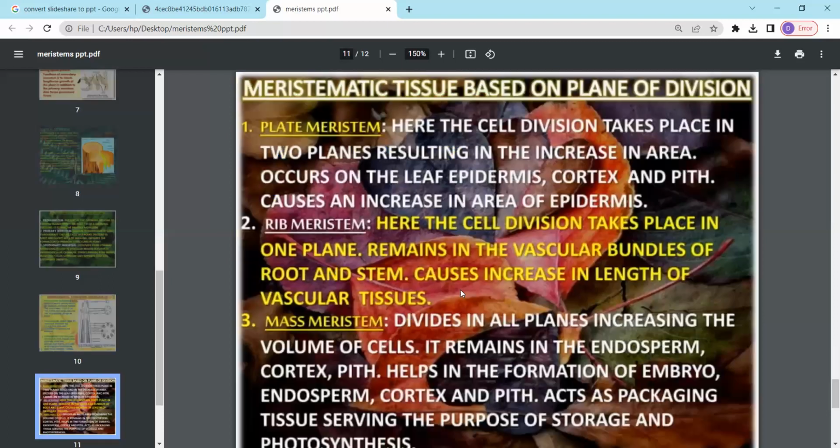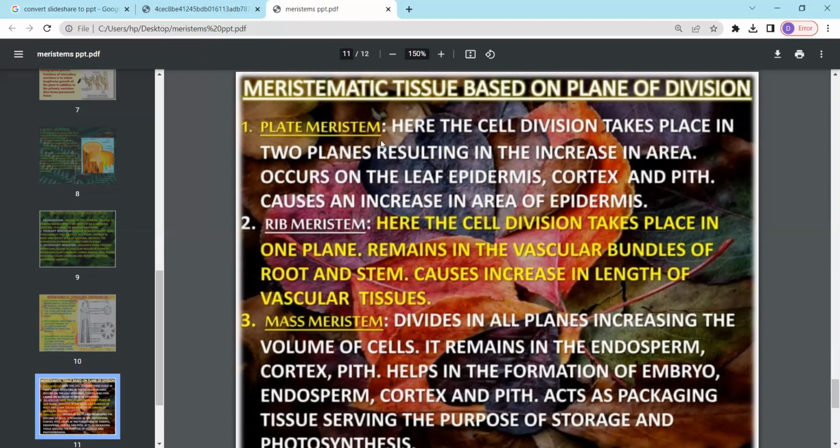So another division, that is based on the plane of division of meristem. Here, first one is the plate meristem. Here the cell division takes place in two planes, resulting in an increase in area.